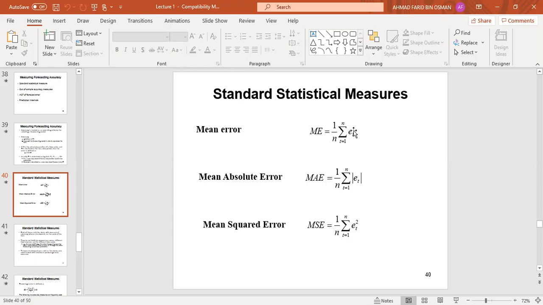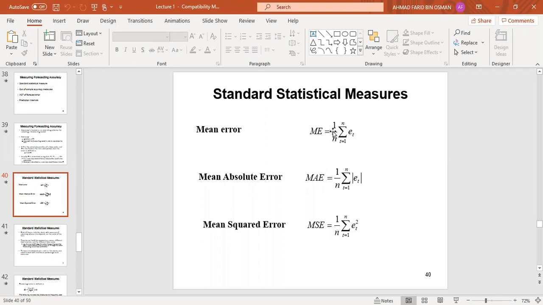However, the problem with mean error is that positive errors can cancel out negative errors. Let's say the first forecast error is -2, and for the second one it is +2. When you compute the average, it is equal to 0. So ME equal to 0 is just like there is no error.